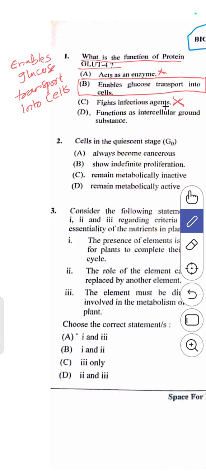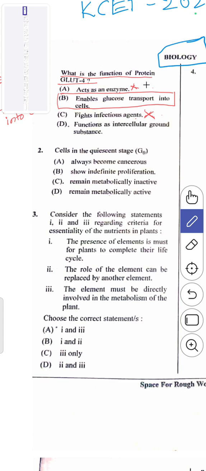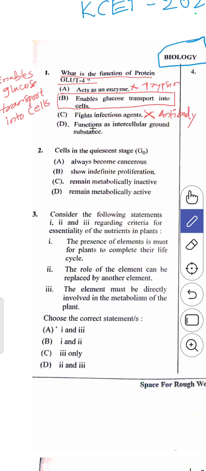Then D, functions as intercellular ground substance. So this is also not a function of GLUT4. So B is the right answer for this question.